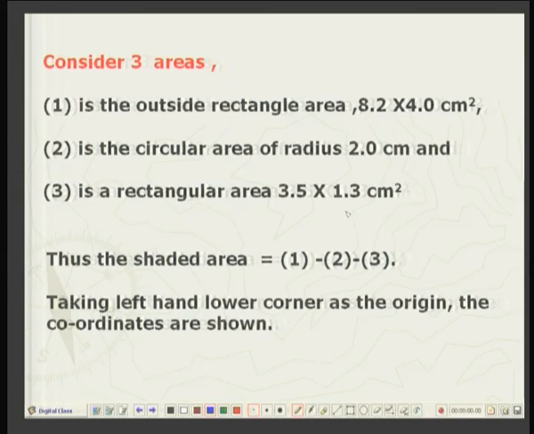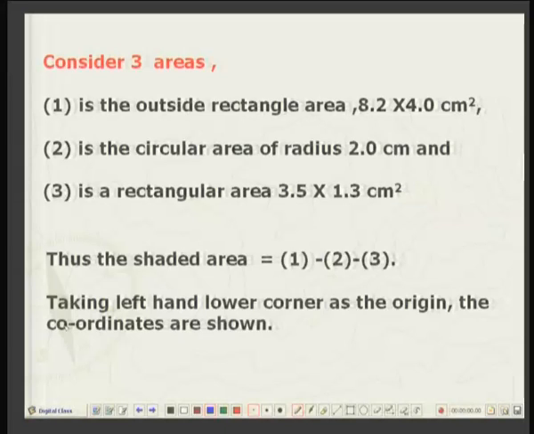So, this is 3.5 into 1.3 centimeter square. So, the shaded area of interest is area 1 minus 2 minus 3, and we will take the origin for our calculation as the left hand lower corner of the figure.